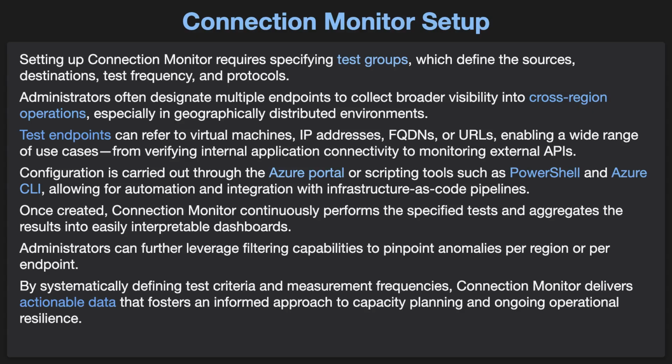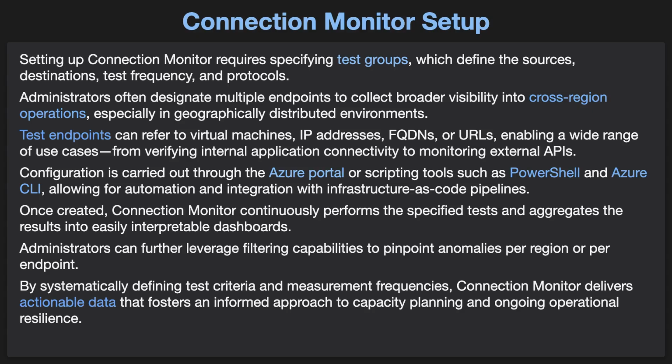Test endpoints can refer to virtual machines, IP addresses, FQDNs, or URLs, enabling a wide range of use cases, from verifying internal application connectivity to monitoring external APIs. Configuration is carried out through the Azure portal or scripting tools such as PowerShell and Azure CLI, allowing for automation and integration with infrastructure as code pipelines.